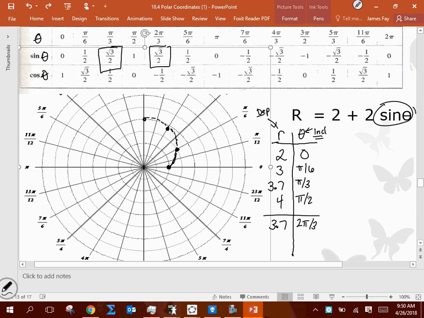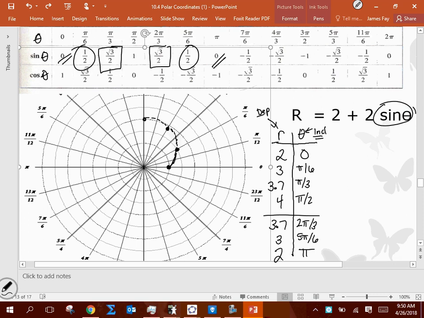If I go to the next one, 5 pi over 6, is that the same y value as pi over 6? Yeah, that 1/2 is the same as that 1/2, right? So when I evaluate, it should be the same as this line right here, so I should get an r of 3. And then I'm going to try pi. Well, pi gives me 0, which I've already used once, so it gives me 2.